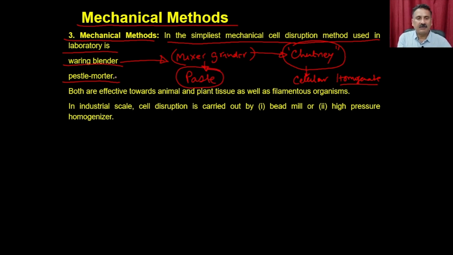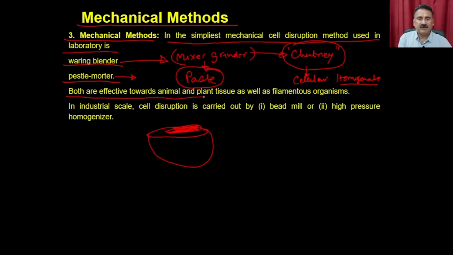Pestle and mortar is also the same. I'm sure you might have seen the pestle and mortar. You have a bowl and you also have a rod, right? So that rod is used for grinding the cell, grinding the substance. But these are the manual mechanical methods. Whereas you can use some more effective methods where you run motors, and that's how it is going to be more and more effective.